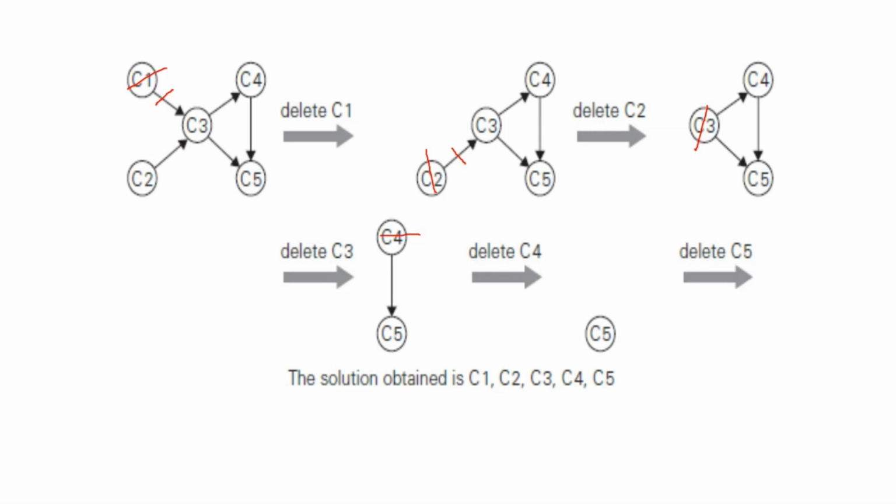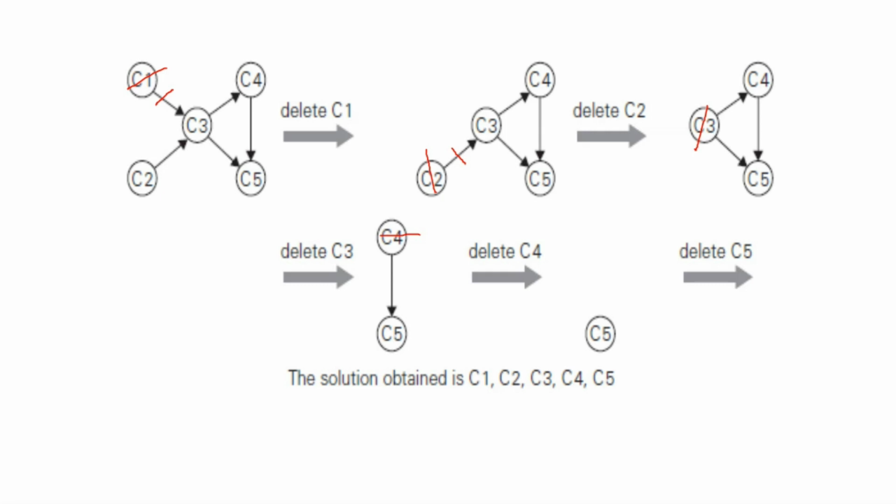We can observe that C1 has no incoming edges. Even C2. So either C1 or C2 can be considered for deletion. Here we have taken C1. If we delete C1, we need to remove even the outgoing edges from it. So we are left with only C2, C3, C4 and C5.